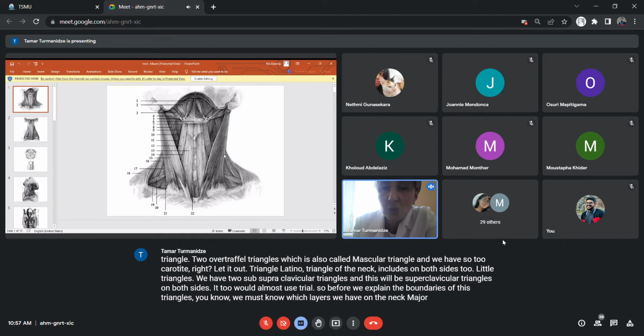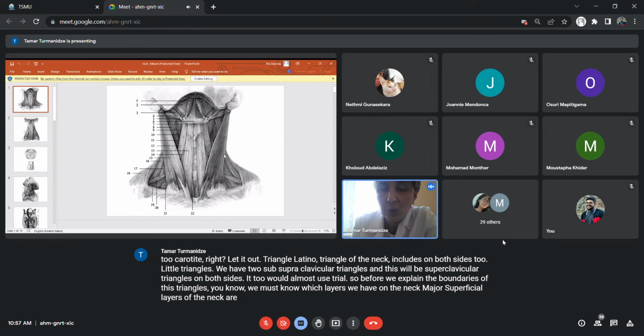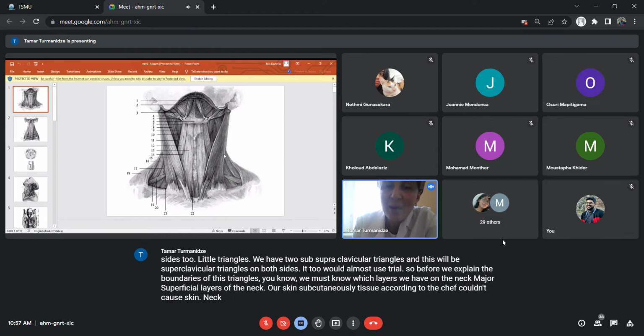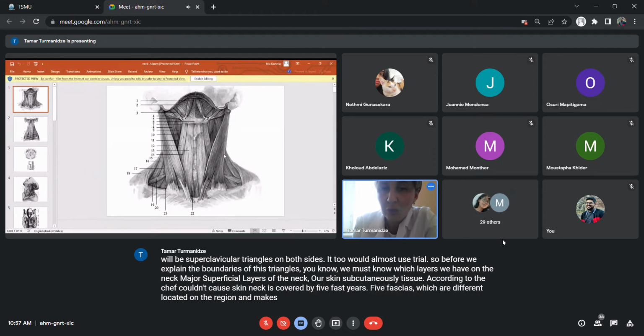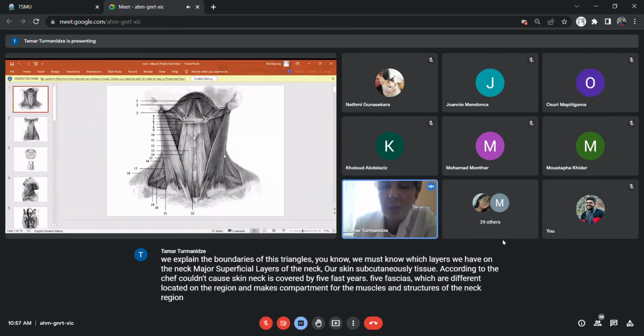Superficial layers of the neck are skin and subcutaneous fat tissue. According to the Shevchenko scheme, the neck is covered by five fascias, which are differently located on the neck region and make compartments for the muscles and structures of the neck differently.